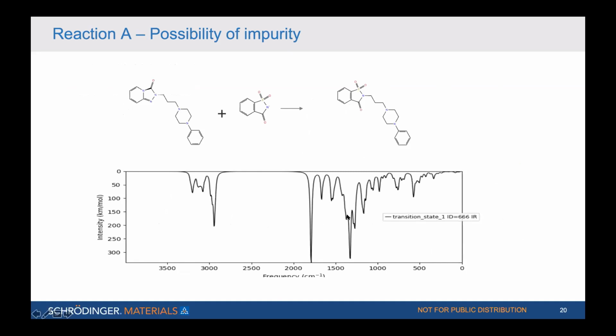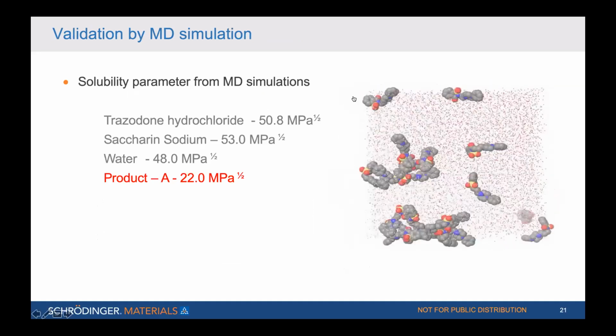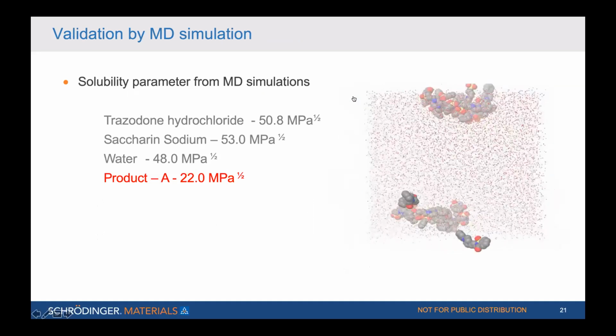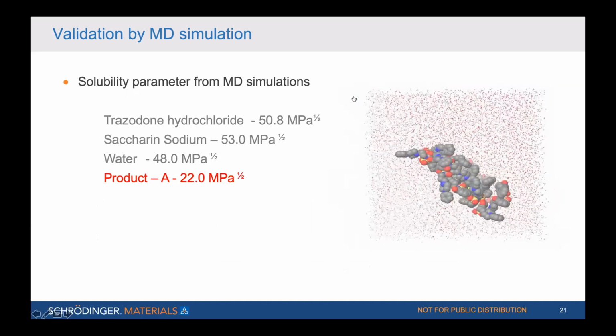We can compute an IR spectrum of product A, so that we can take an ATR IR spectrum of the impurity or the precipitate and compare it with the computational IR spectrum, to see whether this is the component that is forming at the bottom of the beaker. We also did a simulation of that impurity dispersed randomly in the simulation water box, and then calculated how long it takes to aggregate and what its viscosity is.